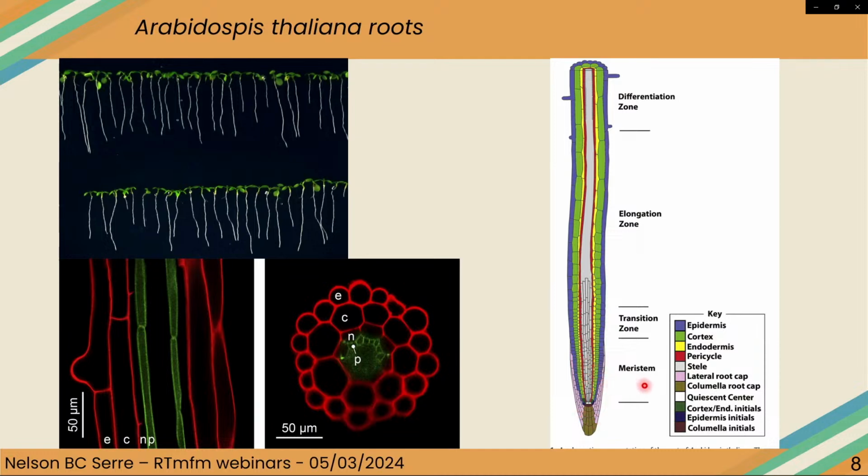Then you get the meristem, which is the dividing zone of the root, and the cells queue in lines one after another until they reach the transition zone, which is the transition between division and elongation. Cells will gain in length until they reach the final length, and they will enter the differentiation zone, where you can start to see, for example, root hairs, which are important for nutrient acquisition.